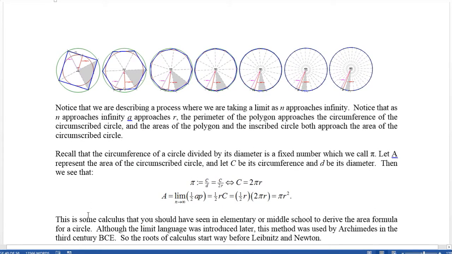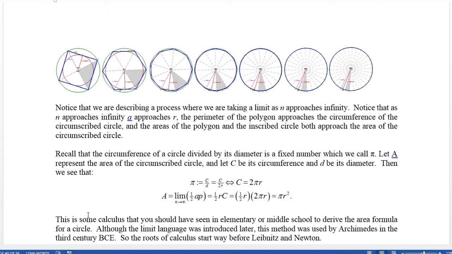Now, remember that all circles are similar, so when you do the ratio of the circumference divided by the diameter, it turns out you get the same number every time. Well, this number is a number that we call pi. In fact, that's the definition of pi. It's the ratio of a circle where you take the circumference and divide by the diameter.